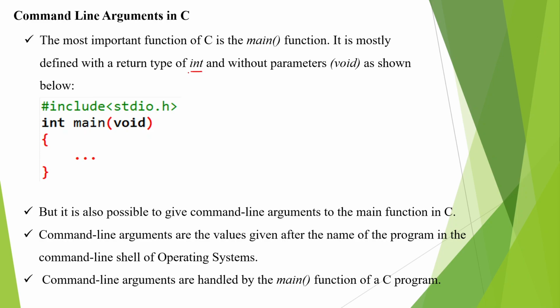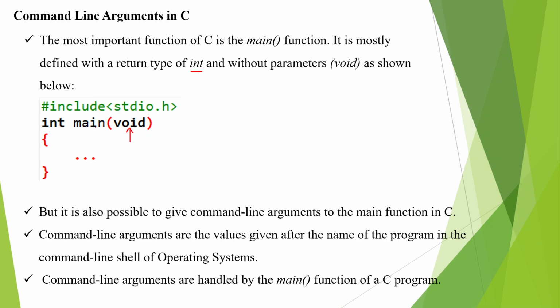In case it is not returning anything, we make the return type void. Mostly we made our main function return an integer, and it did not take any parameters, so the parameter list is void. This type of main function format we have seen in almost every C program we practiced.